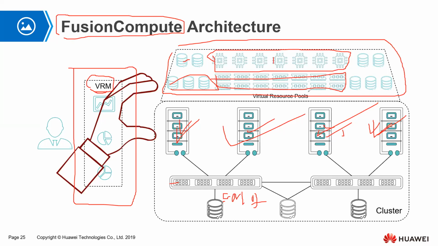We shall see that as we get to the network part, that we have some kind of virtual network equipment inside our virtualization architecture. So we shall also be able to look at that in the coming chapter.